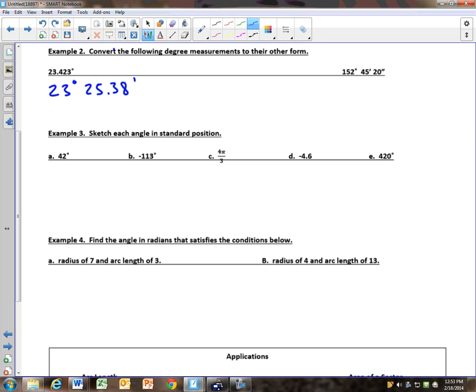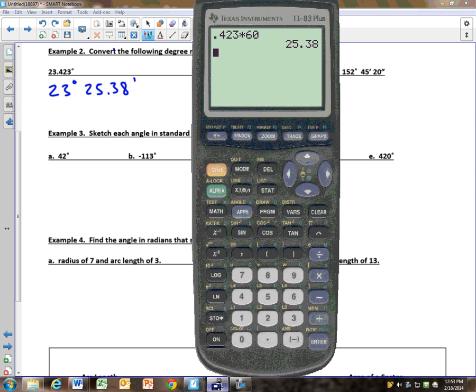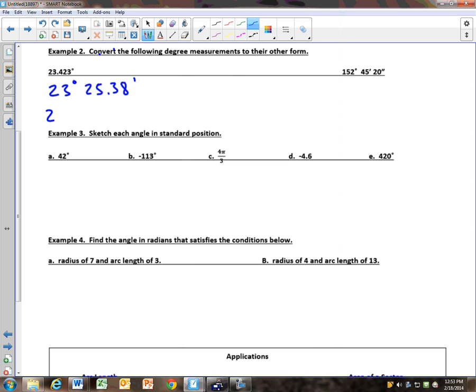I want to get rid of the 0.38, so I take 0.38 times 60, and I get 22.8. So it's 22.8 seconds, and we leave the decimal at that point because, like I said, I can time somebody running. If I time Bryn running the 200 meters, she can run 22.8 seconds.